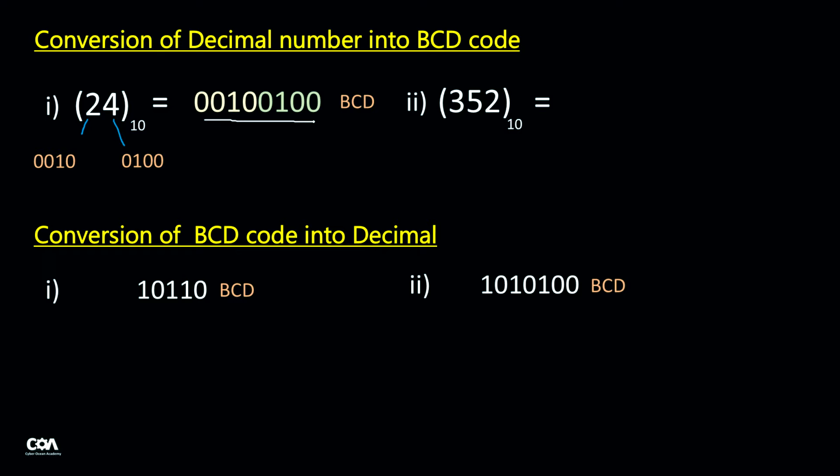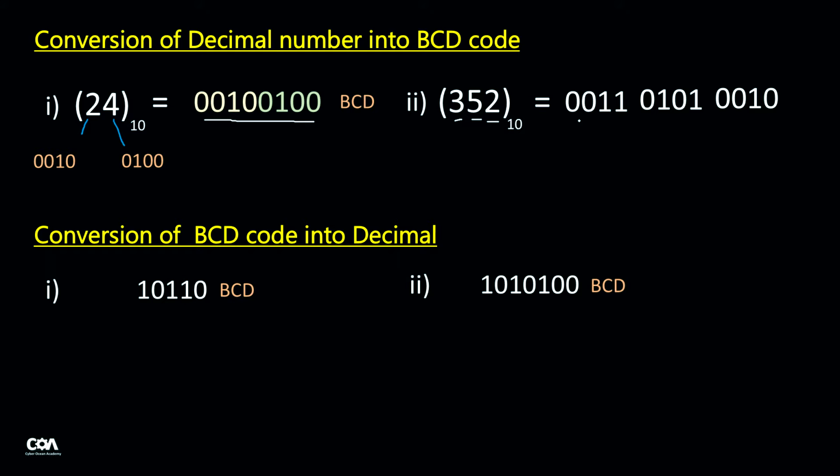Now take another example, that is 352. 352 is a decimal number, and here you can see that the decimal digits are 3, 5 and 2. We will use the same process, and here also you can see that the equivalent of 3 is 0011, the equivalent of 5 is 0101, and the equivalent of 2 is 0010.